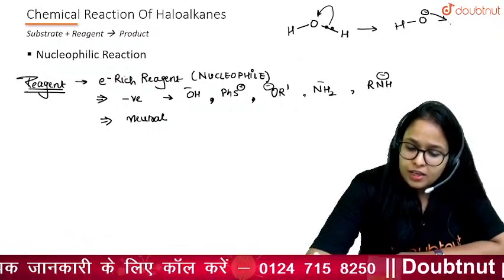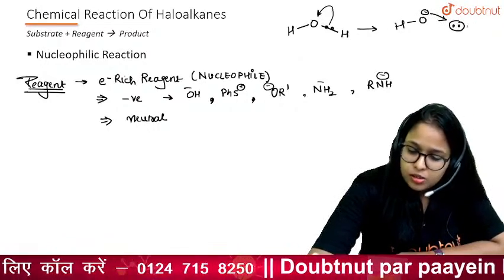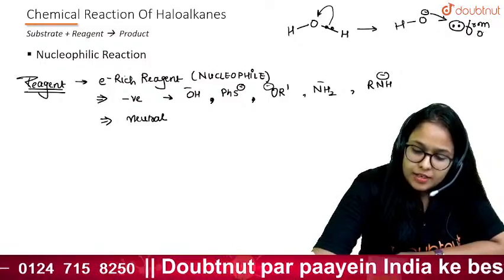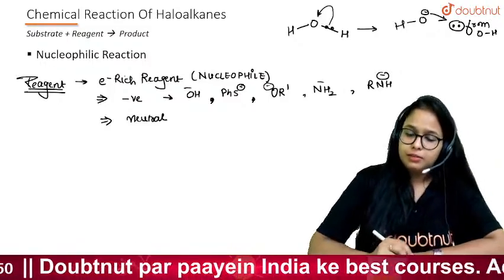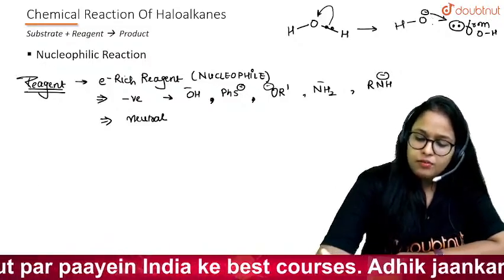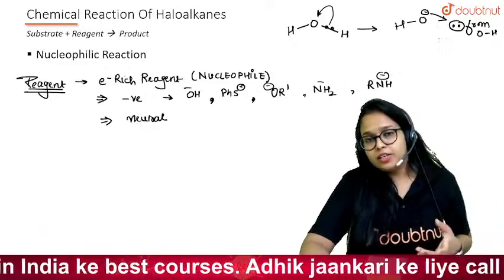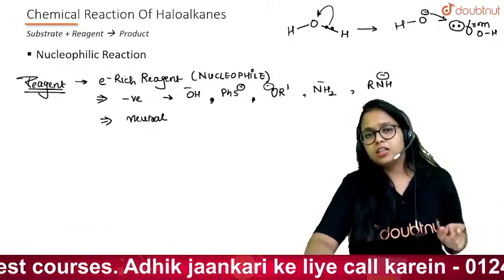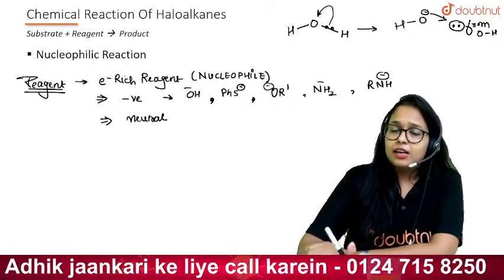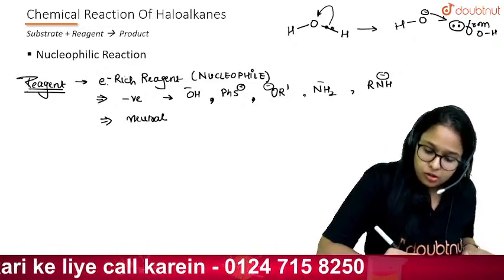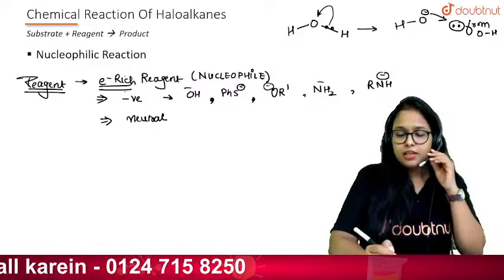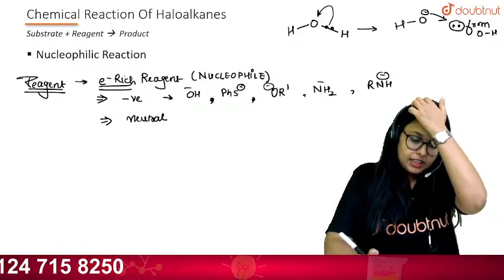The negative charge represents the two electrons from the O and H sigma bond. So this negative is just the increase in electron density, and hence we consider the negative as two electrons, and they generally represent electron rich things, right? So these are negative nucleophiles.